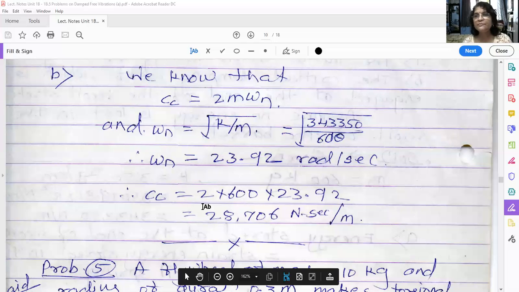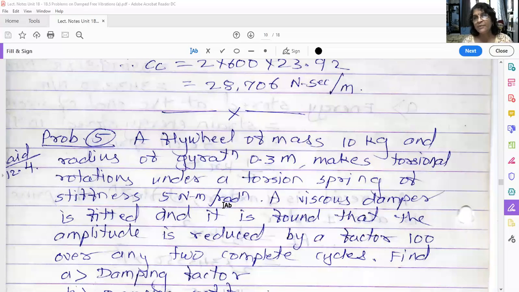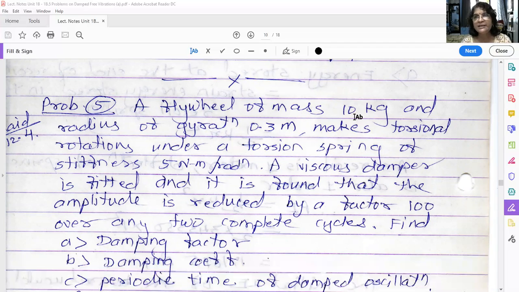Now next problem. This is on torsional vibration. But you know there is an analogy between the longitudinal vibration and torsional vibration. So all formulas are the same except x is replaced by theta. So let us read the problem. A flywheel of mass 10 kg and radius of gyration 0.3 meter makes torsional rotation under a torsion spring of stiffness 5 Newton meter per radian.